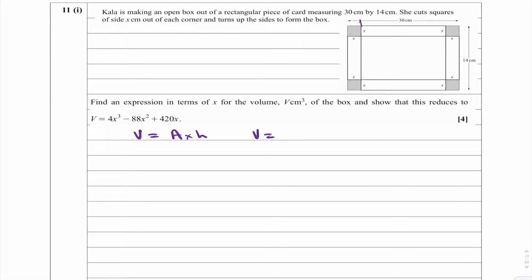So that distance here is 30 minus 2x. And that distance here is 14 minus 2x. And so the area will be 30 minus 2x times 14 minus 2x, and then times the height of the box, which is x.